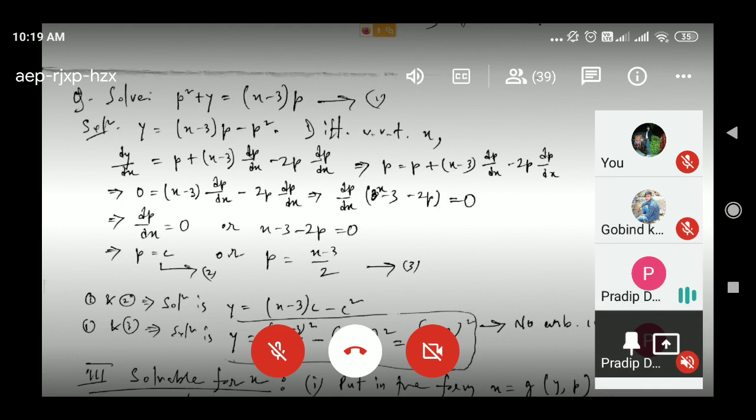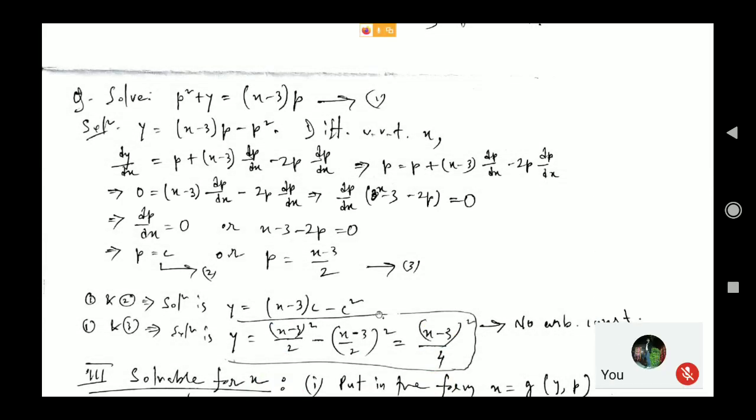But here one thing to notice is that there is no arbitrary constant in this solution. Although this is a solution, there is no arbitrary constant. But here you have one arbitrary constant. This is a first order differential equation. So in a first order differential equation, in the solution, you should have one arbitrary constant.